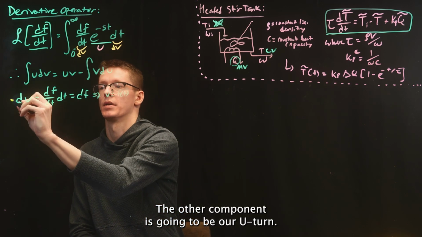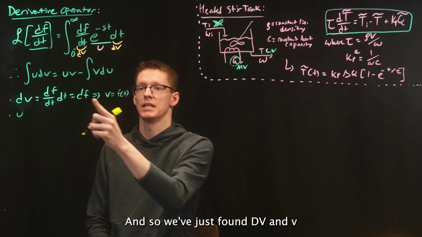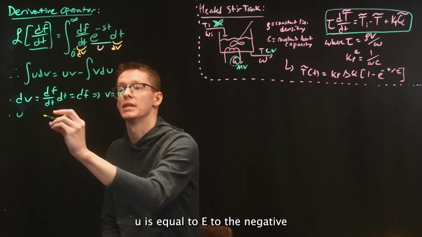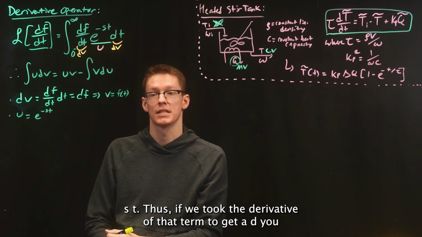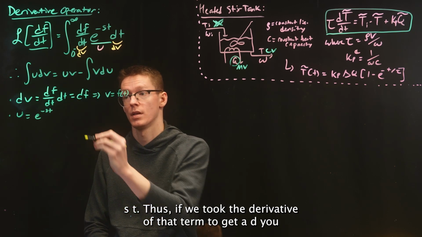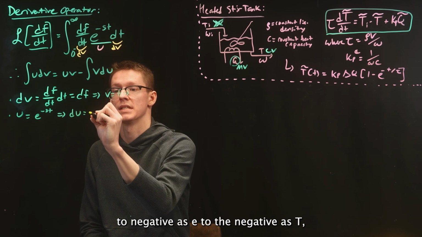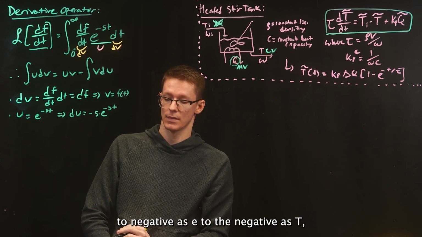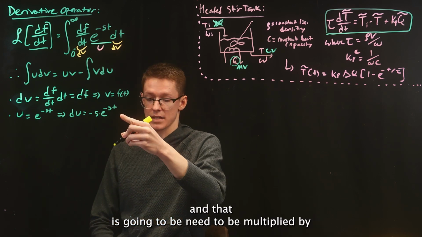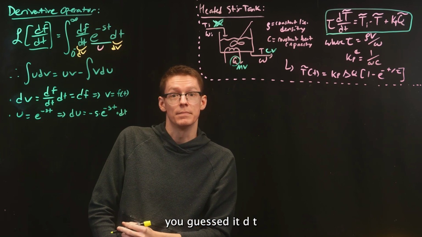The other component is going to be our u term. We've just found dv and v. u is equal to e to the negative st. Thus, if we took the derivative of that term to get a du, du is equal to negative s e to the negative st, and that is going to need to be multiplied by, you guessed it, dt.